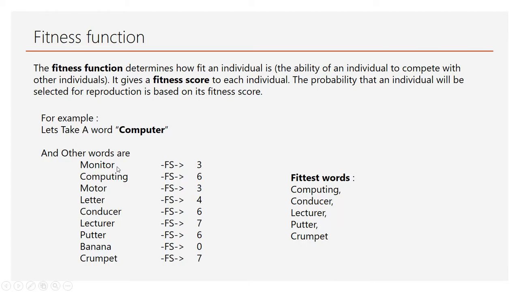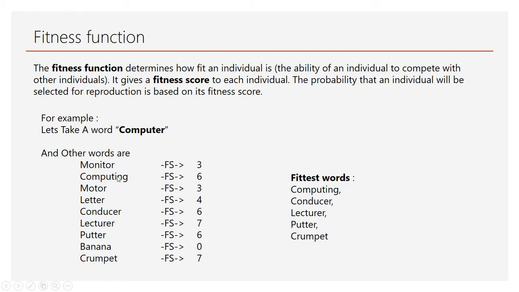So we can see what the fitness scores are. What is a fitness score? It is how many characters match the main word which we want as the output. Here in monitor, O, T and R match, so there are only three matches and the fitness score is 3.